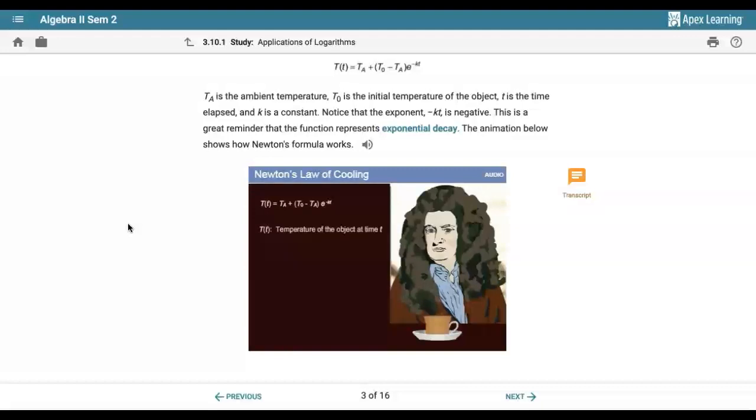T of t is the temperature in degrees Fahrenheit of an object at a given time t. T sub A is the temperature of the surrounding or ambient environment. T sub 0 is the initial temperature of the object. K is a positive constant.